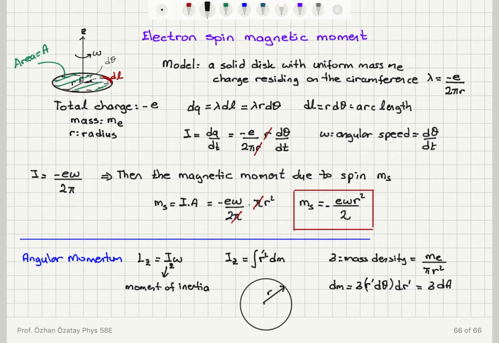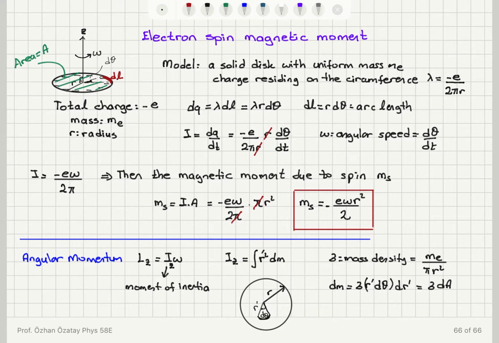r, and you go to a certain radial distance r prime, with an angular separation d theta, and here r prime d theta is your arc length.